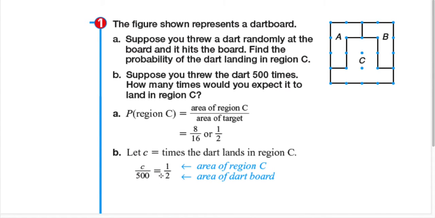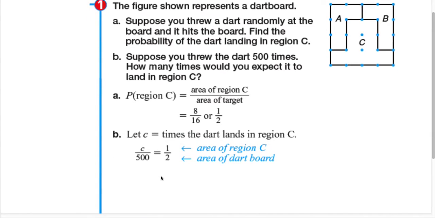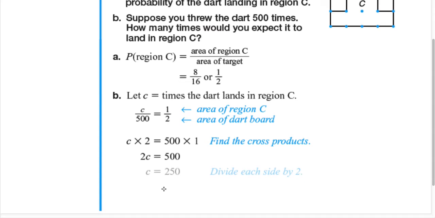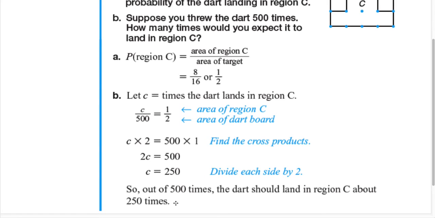So we get C over 500 equals 1/2. And we do cross products. Doing cross products, we now have 2C equals 500 times 1, or 2C equals 500, dividing both sides by 2. We end up with C equal to 250, which means that out of 500 times, the dart should land in region C about 250 times.